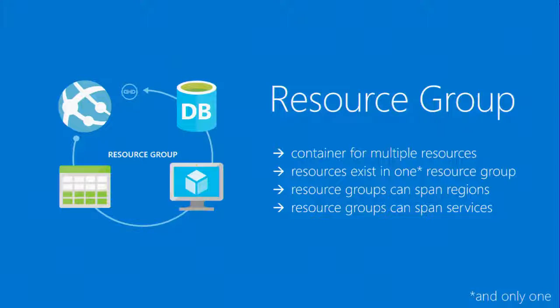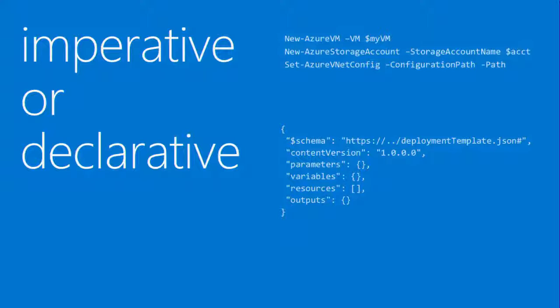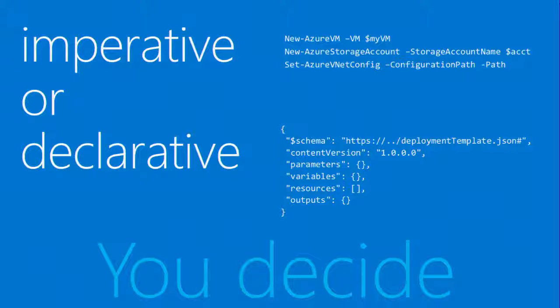The third point on the screen: a resource group can span regions. Again, it can host artifacts or components of your solution that are deployed to different regions. That's important, and of course, you can have different types of components or services that are part of the same resource group.